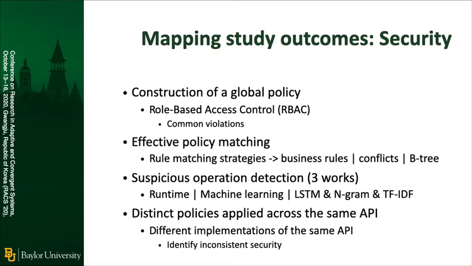Then another, different direction we looked into was considering different implementations of low-level JDK following the same API, and assessing multiple different implementations. They were trying to identify security issues where one of those implementations probably forgot to do something, or another implementation did something extra.